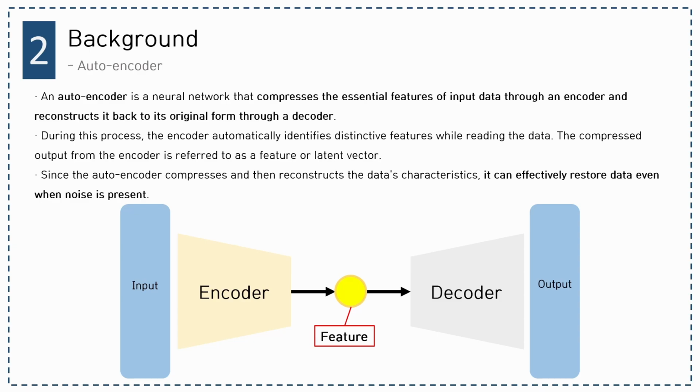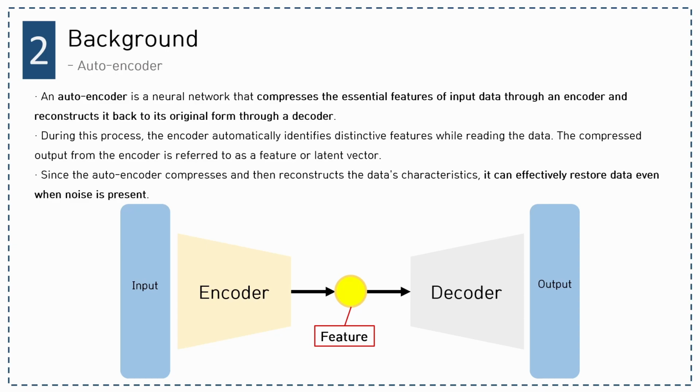Next, I will introduce the essential knowledge needed to understand the target paper, beginning with the autoencoder. An autoencoder is a neural network that extracts and compresses the key features of input data through an encoder, then reconstructs it into the original form through a decoder.